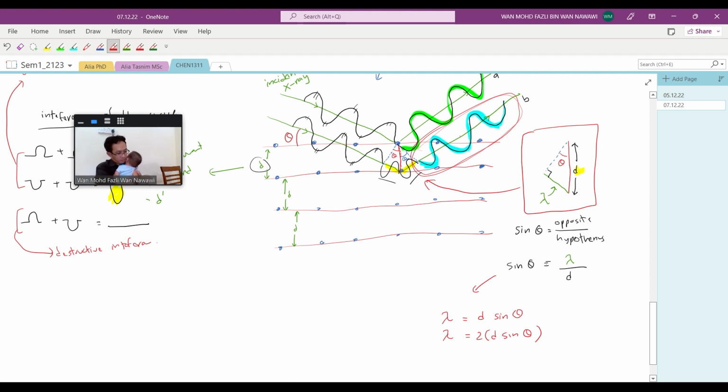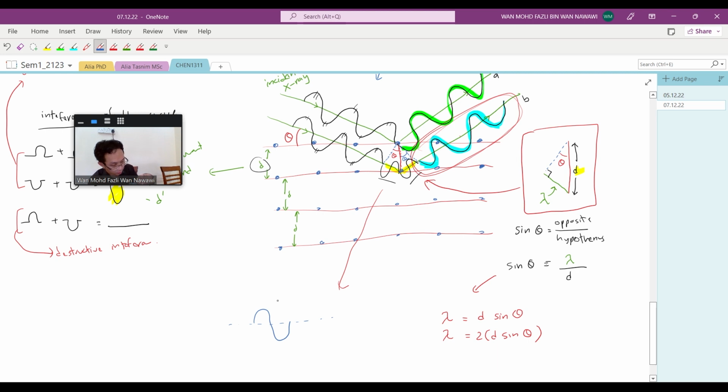What I mean here is, for example, in terms of the wave here, if this part you have something like this, this is a full wave, one cycle.